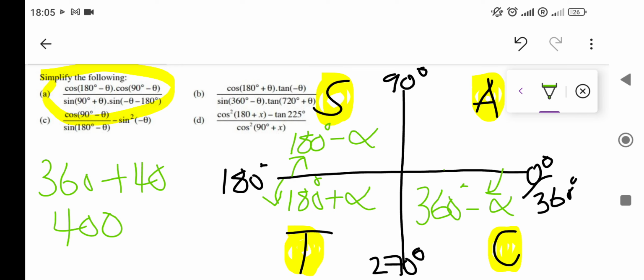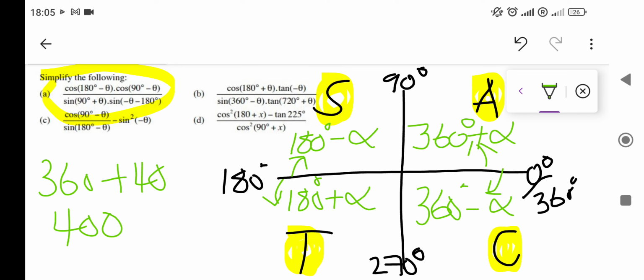We'll go all the way back into our first quadrant. So 360 plus alpha puts me into my first quadrant.